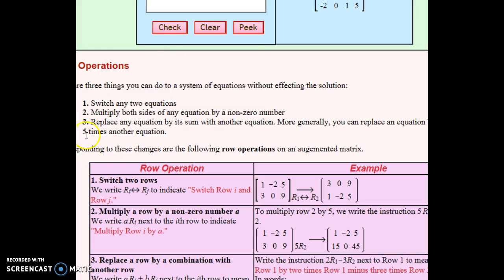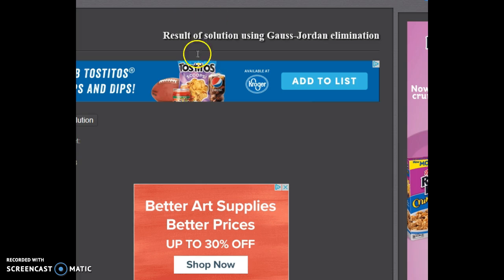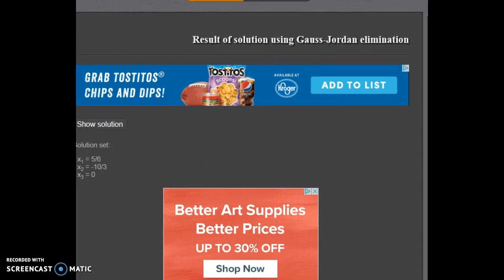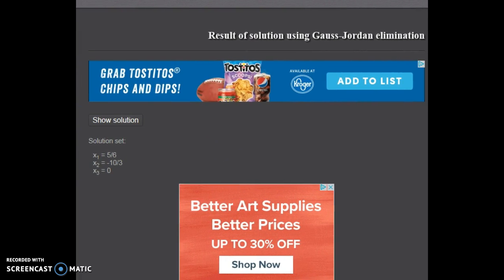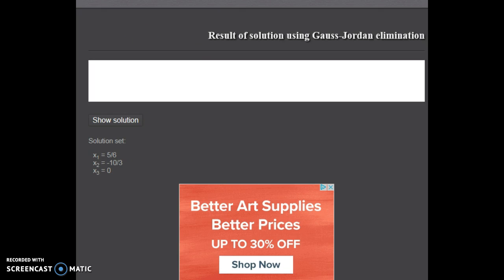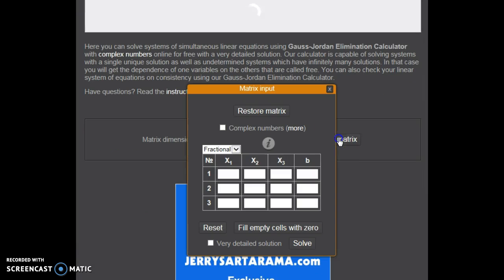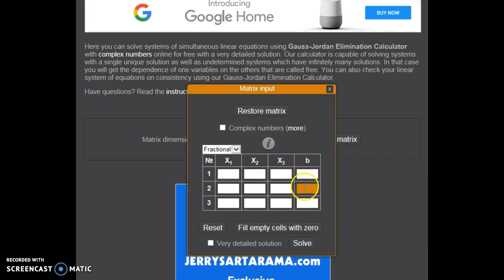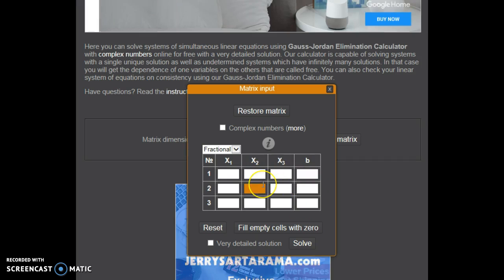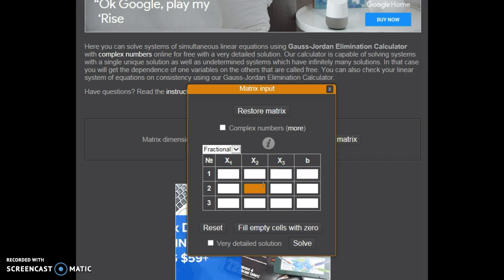So I'll send you this website. Also, there's another website. You obviously need to know how to work this out on your own for the final exam and to understand the concept. But if your calculator doesn't do these, there's a website where you can just type in the x, y, and z. It's a little clunky, but you type in your x, y, and z and then your augmented part, and it'll solve it for you so you kind of know what you're working for.